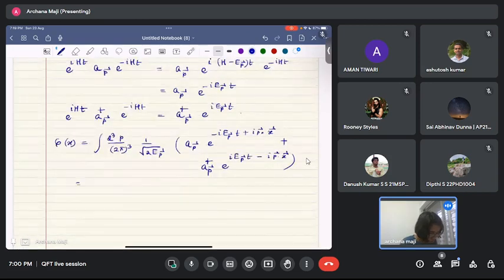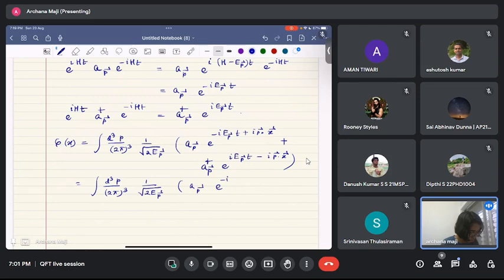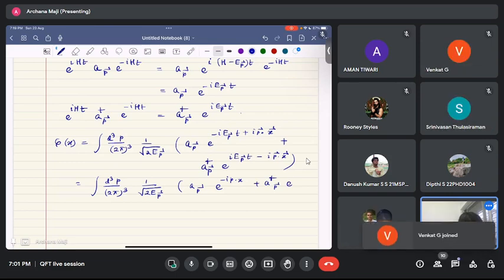So this is nothing but a_p exponential minus i p dot x plus a dagger_p exponential plus i p dot x.